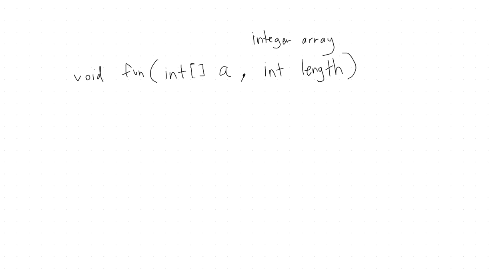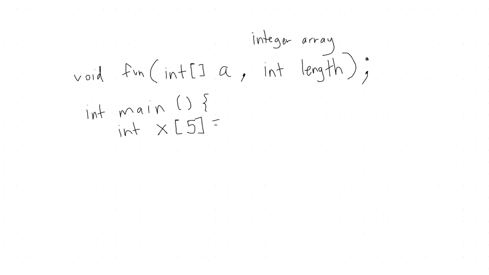I'm not going to write the body of the function, but let's say in the main function, when you call this, your array is called int x, and it's an array of length 5.